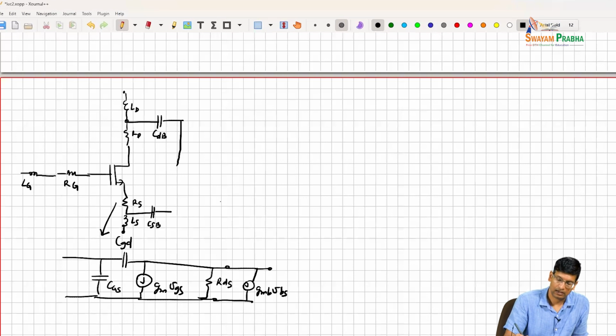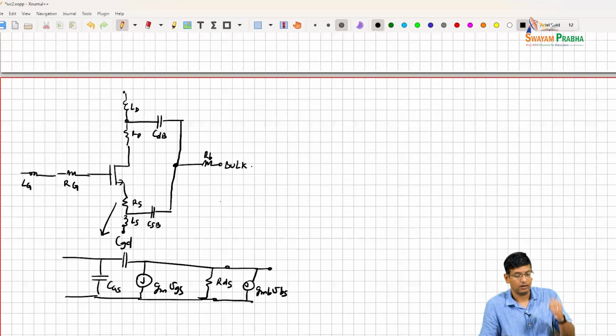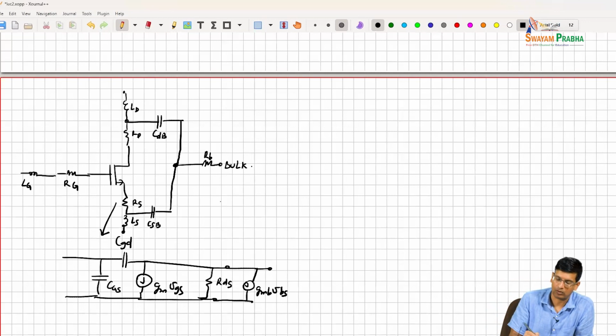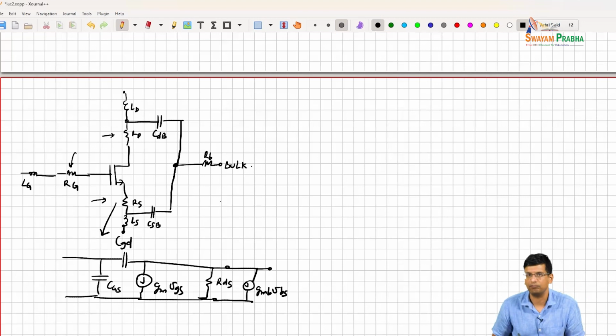These capacitances end in the bulk, and then maybe you have some resistance here, and then you have the bulk node. So what we have usually is a model where we add these extrinsic parameters to our intrinsic parameters, because at the frequencies that we are operating in, these RG, RD, RS start impacting our performance.